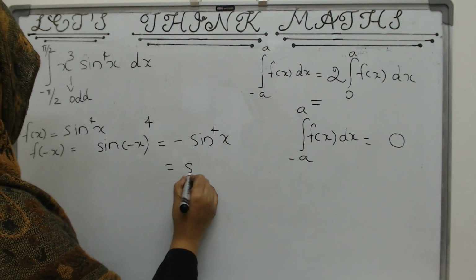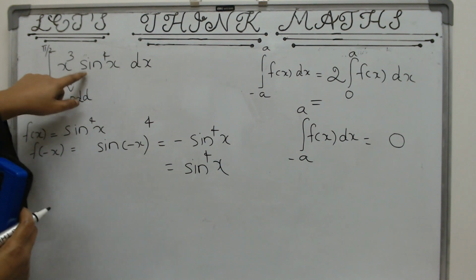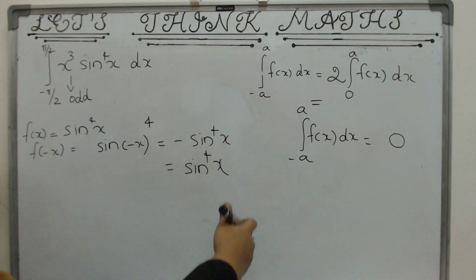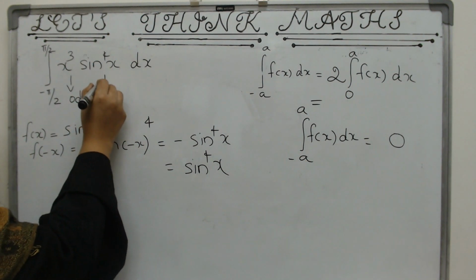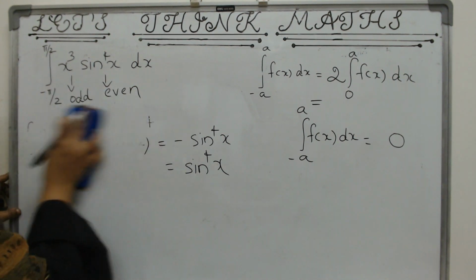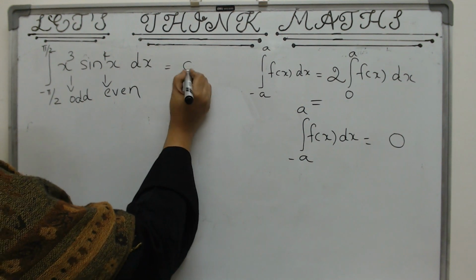Then what does it become? It becomes sine raised to 4x. So though sine x is odd, what have we done? We have multiplied it an even number of times. So what happens? This becomes even. So odd into even becomes what? It becomes odd. That means the answer is 0.